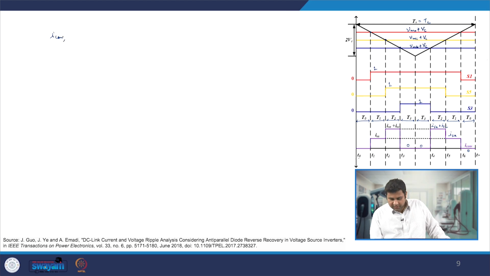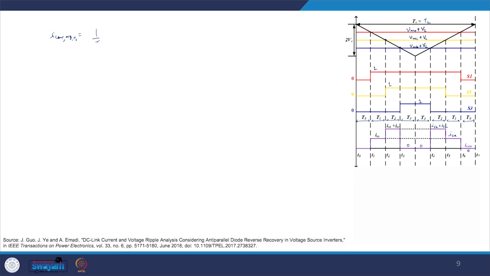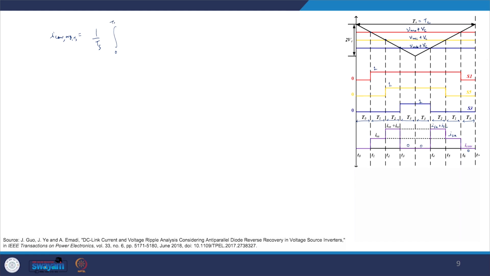So let us try to find the I converter average value over one switching cycle or carrier cycle, you can say over the Ts. So the average over the Ts period is nothing but 1 by Ts integral from 0 to Ts of I converter.